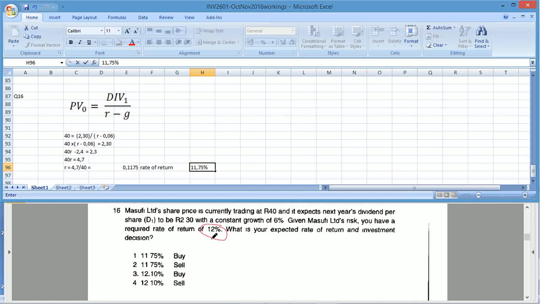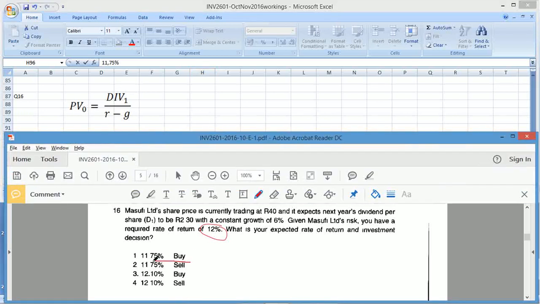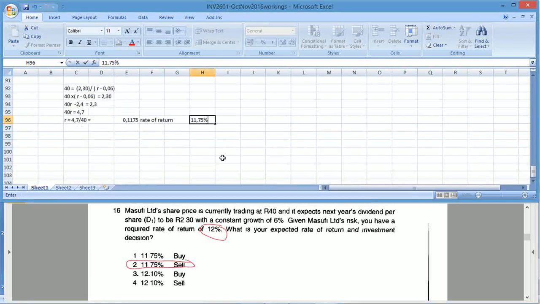So you wouldn't buy this, you would sell it, because the required return is 12%, meaning this asset isn't offering sufficient return on investment.